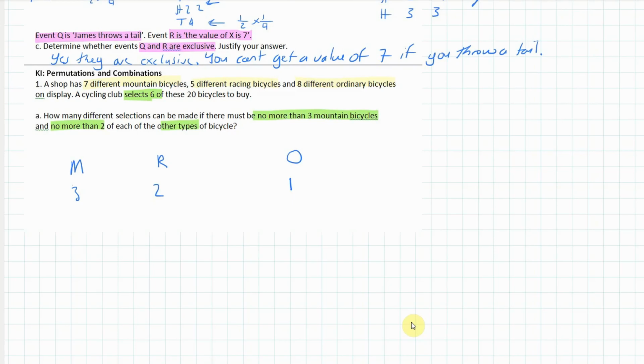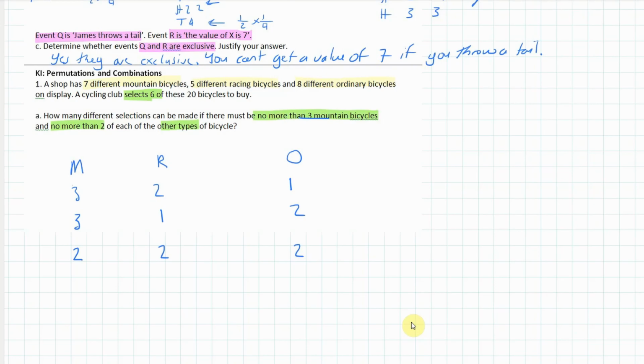So if we go 3 mountain bikes, 2 racing, or we could potentially go 3 mountain bikes, 1 racing bike, 2 ordinary bikes. No more than 3 mountain bikes, so we could go 2 of them, in which case we'd have to have 2 of the others. Therefore, there's no way we can have just one mountain bike because we're only allowed 2 of the other type, and then we wouldn't be able to get 6 bicycles that we need to buy.